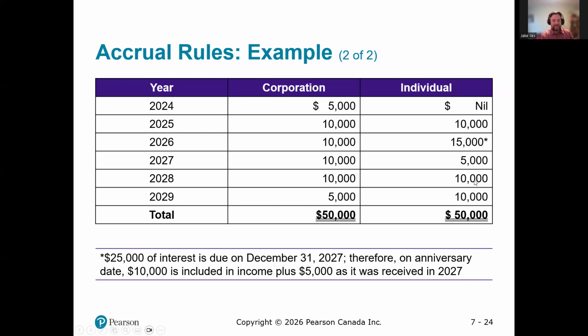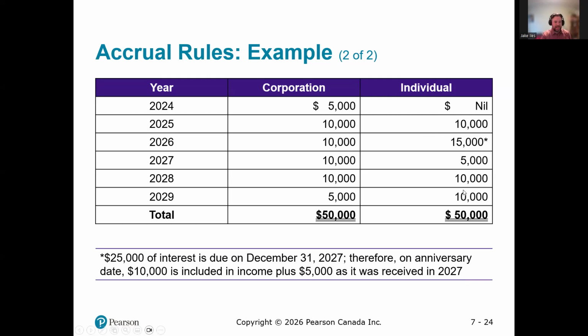At the next anniversary date, we've received no cash, so we just do an anniversary accrual of 10,000. And at the end of the loan, we have the final accrual of $10,000. So this method still gets us to the same total interest income, that same $50,000 that's the entirety of the interest that would have been collected. But the individual, that pseudo accrual method, is combating that cash basis.